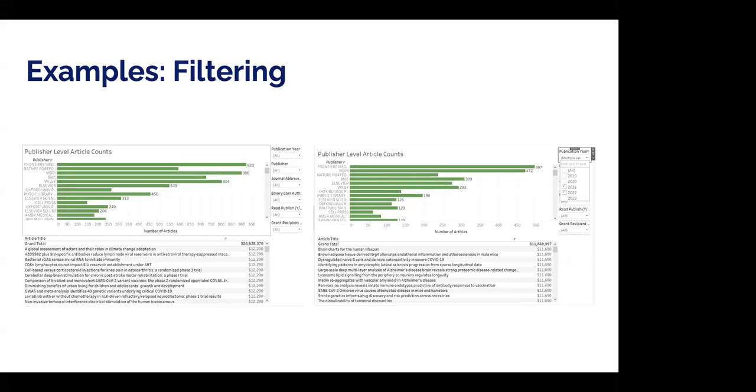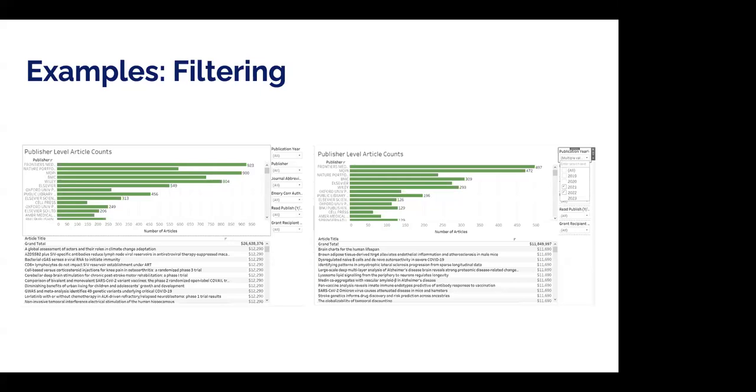And at the bottom, you'll see a table, right? The tables on each of the subsequent views show you the individual articles at the article level that are comprised within this top view. So if you care to know which articles were a part of this count in Frontiers or Wiley or Elsevier, you would see the list of those titles at the bottom.